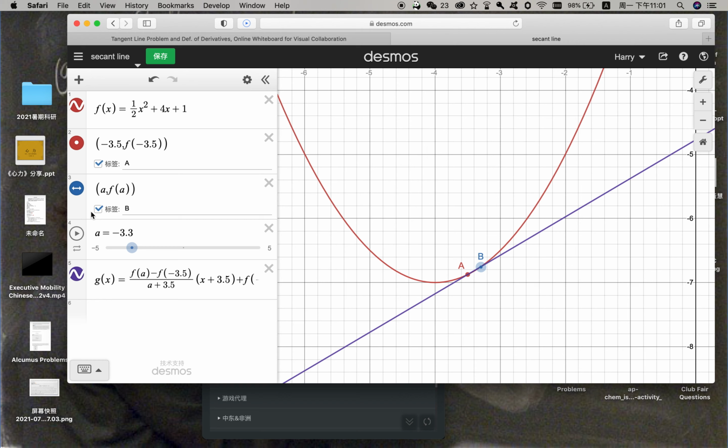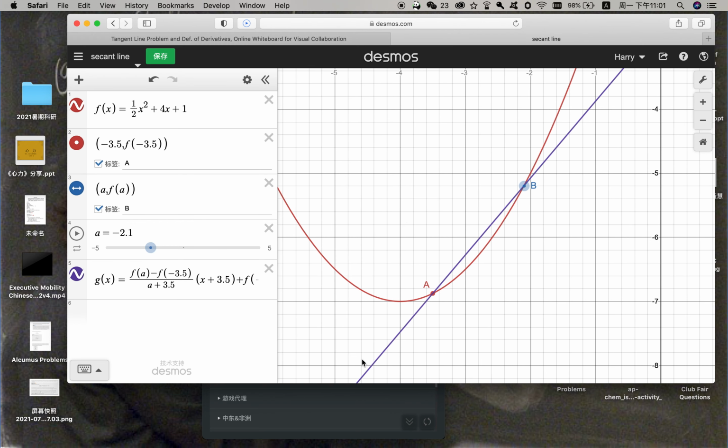Then I set a moving point b, and I can change the x and y coordinates of point b. The purple line in this program is called a secant line of f of x.